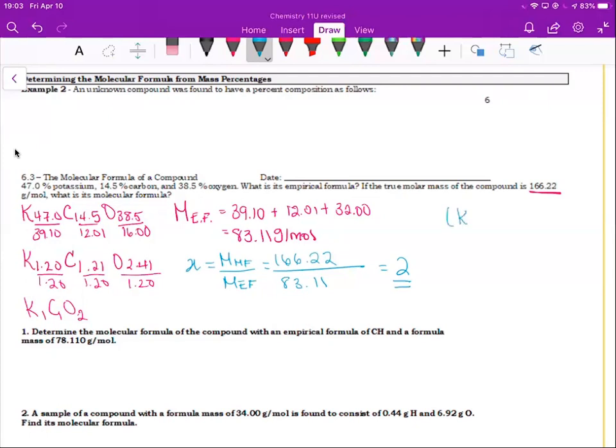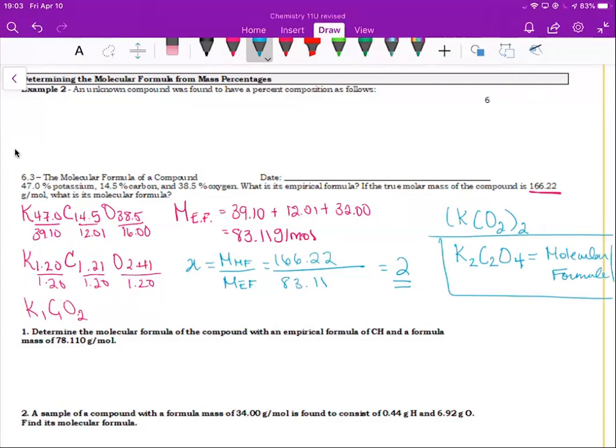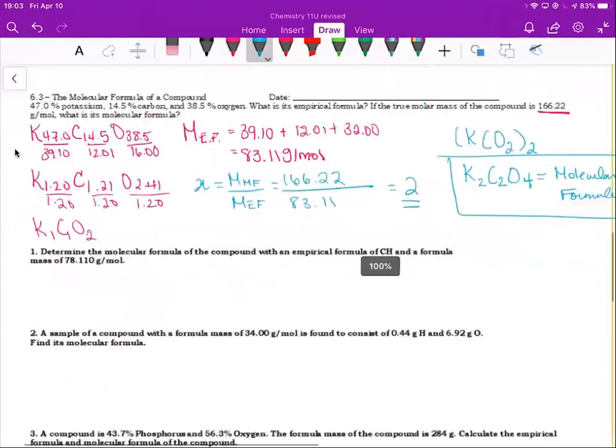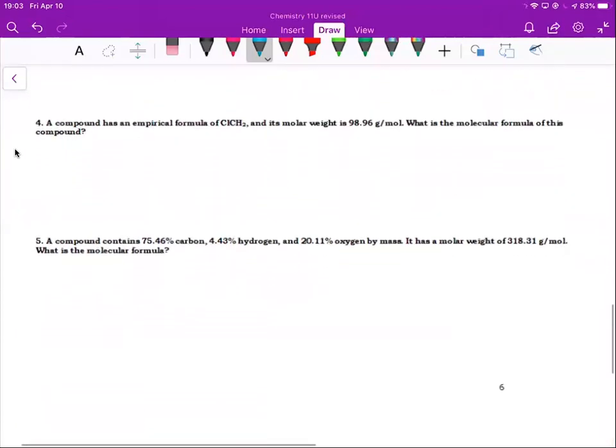And I'm going to get K2C2O4. And that is my molecular formula. Let me just put a box around that. I don't make you write a concluding statement, so just put a box around the answer.